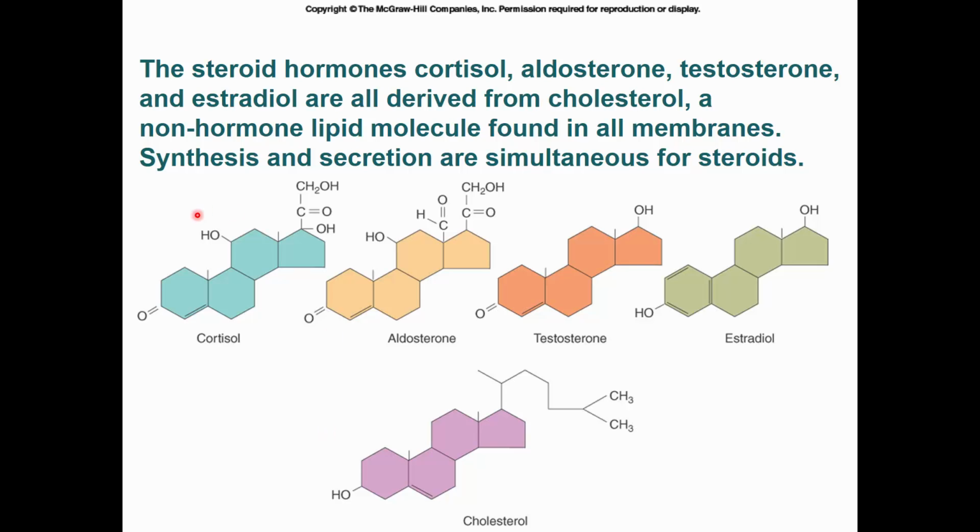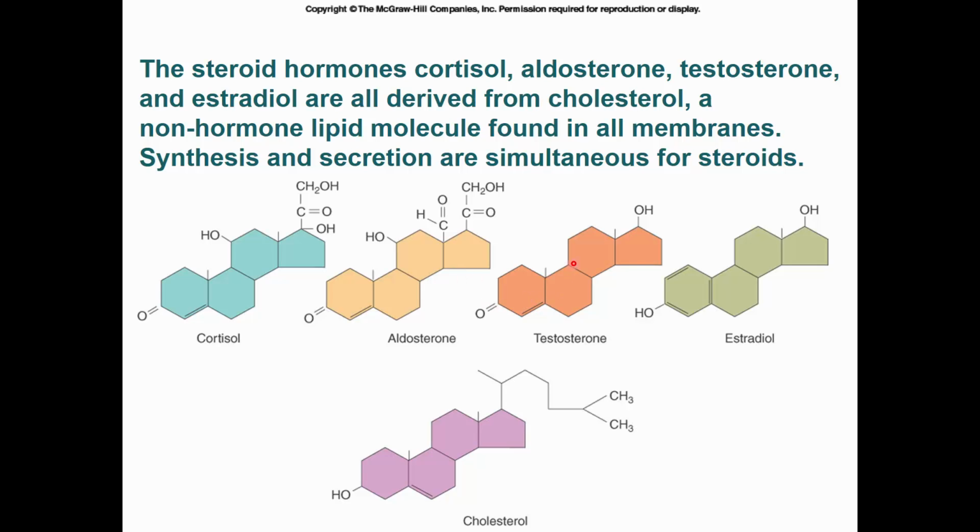So if we look at this diagram, at the bottom, we'll start here, this kind of purplish color. This is a molecule of cholesterol, and you see there are 4 rings with some side chains. Now, here are 4 examples of steroids. Cortisol, do you see the 4 rings? But the side chains are different. Aldosterone, again, we have the 4 rings, but it's the side chains that are different.